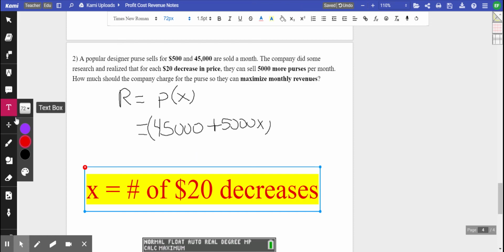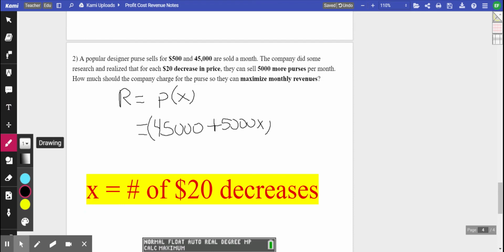So we know that our price initially can start out at $500. So we know we have $500, but we know that we're talking about $20 decreases. So we need to subtract from this $20 by the number of decreases that we have. So this here will give us our revenue function.